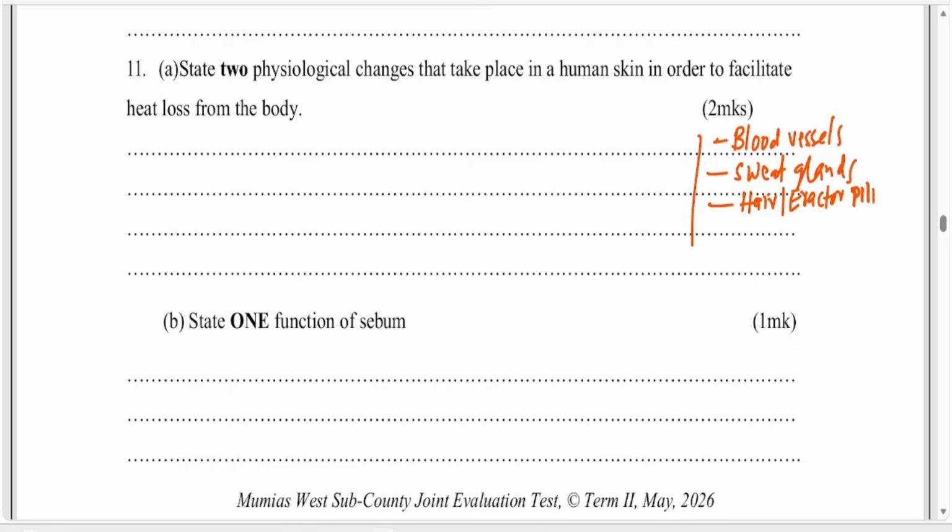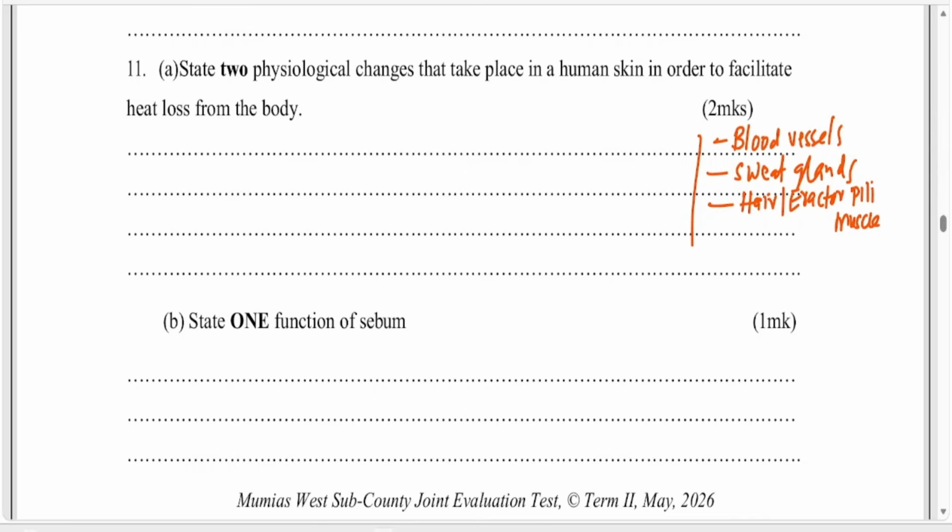So these parts work together to bring about thermoregulation. But now we are being told to state two physiological changes that take place in human skin in order to facilitate this heat loss from the body.